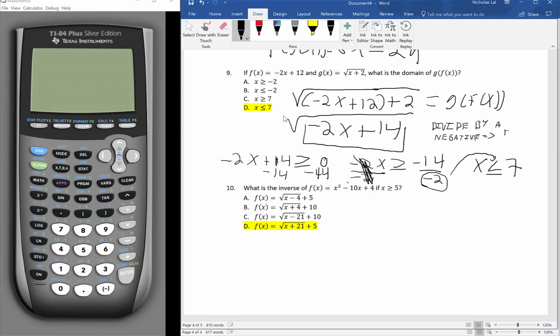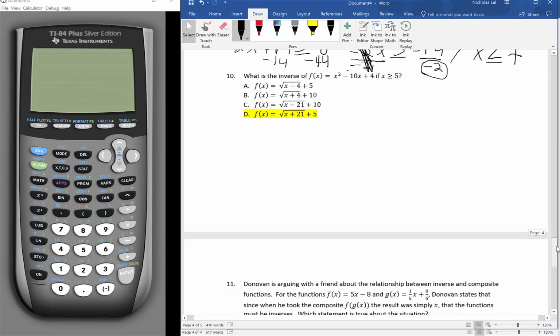Flip the inequality. So x is less than or equal to 7. All right, so that's problem 9. Let's go to problem 10.